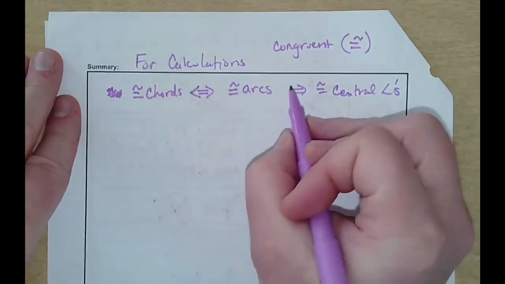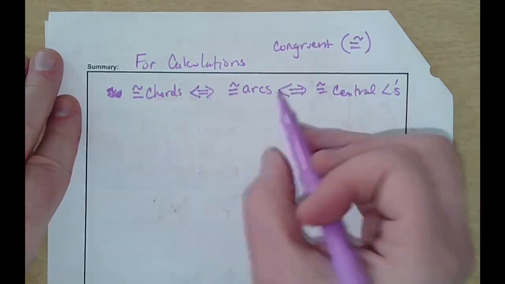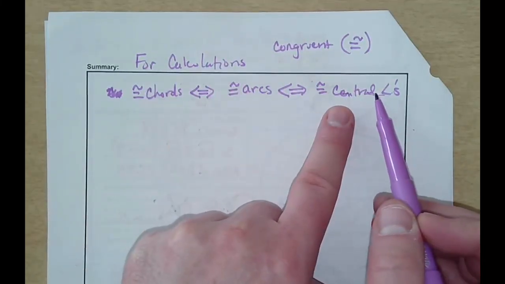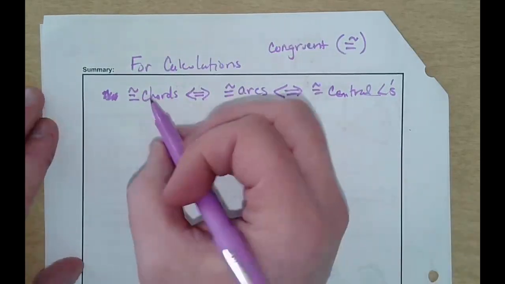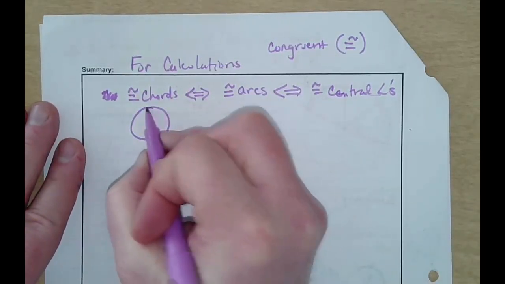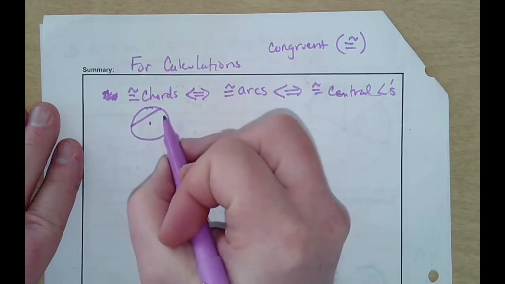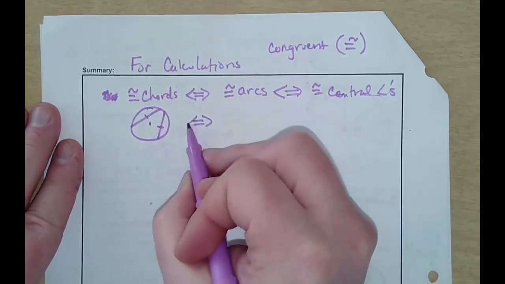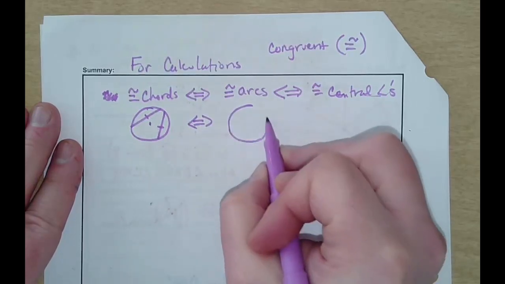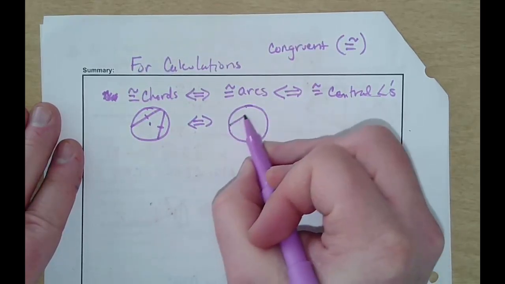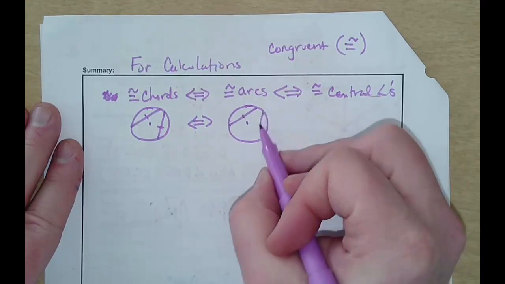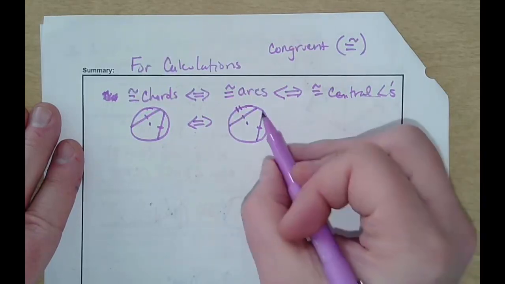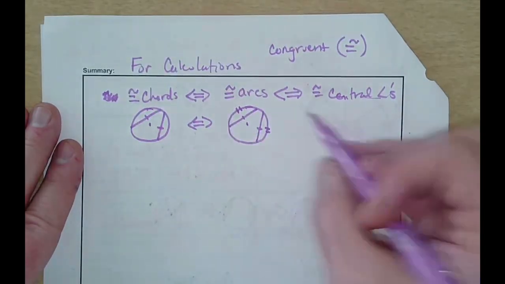And if any one of those happens, all of them happen. So you can start with congruent arcs and then the other two happen, or you can start with central angles, then the other two will happen. So congruent chords, do it like this. That would give us congruent arcs. If I draw the same diagram, down here, the arcs they cut off, the ones they slice off, those would be congruent.